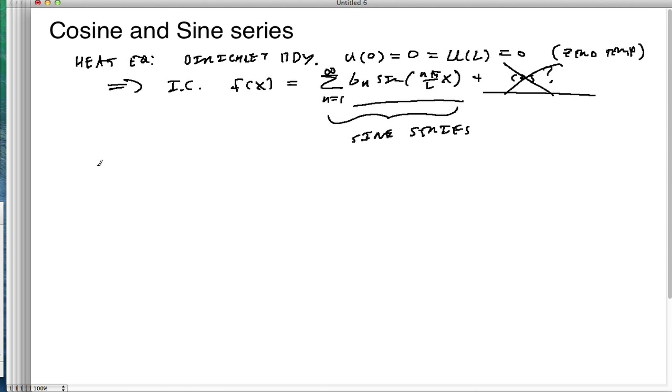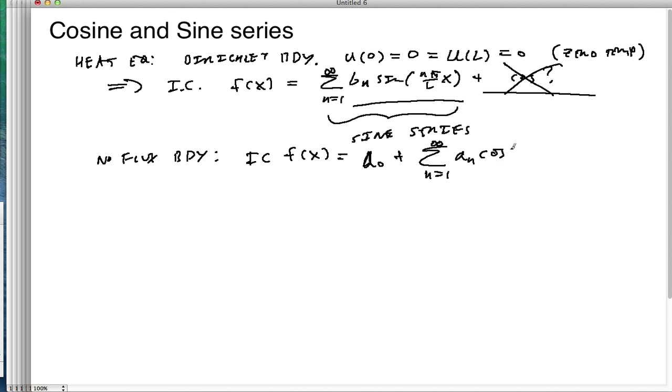And then also, if you have a Neumann boundary condition or a no-flux boundary condition, the initial condition, f of x, was a cosine series: A0 plus the sum of n equals 1 to infinity of an cosine n pi over L x.